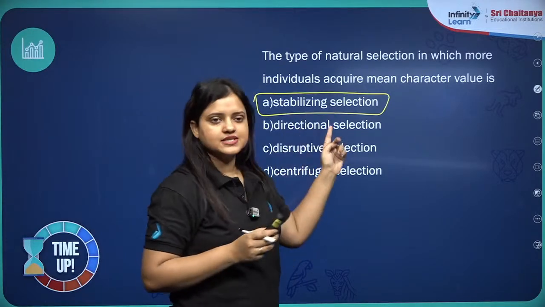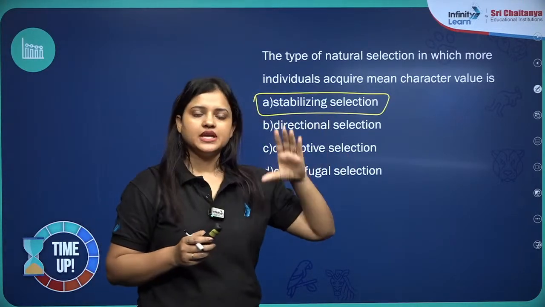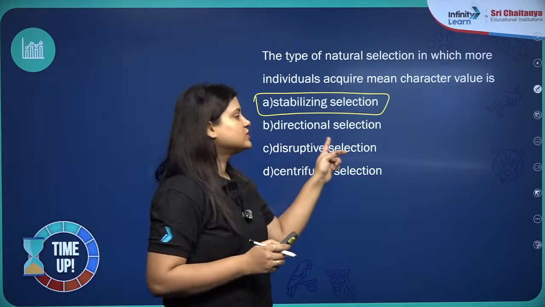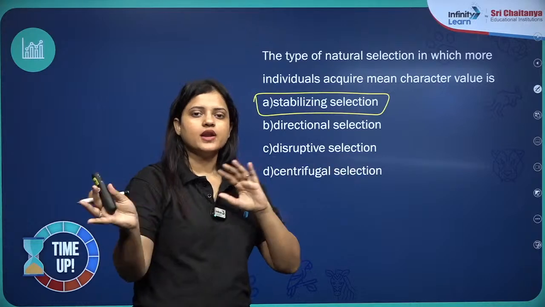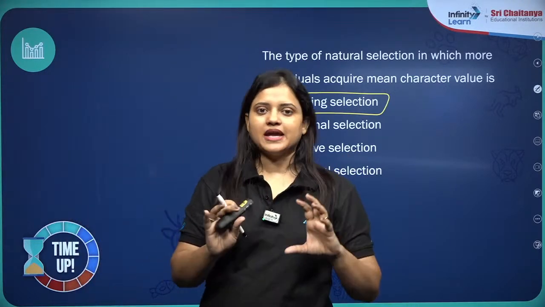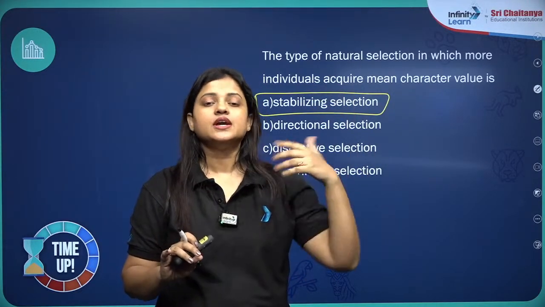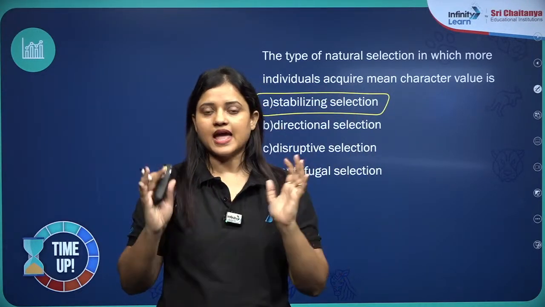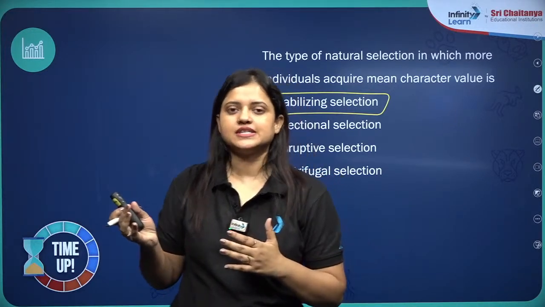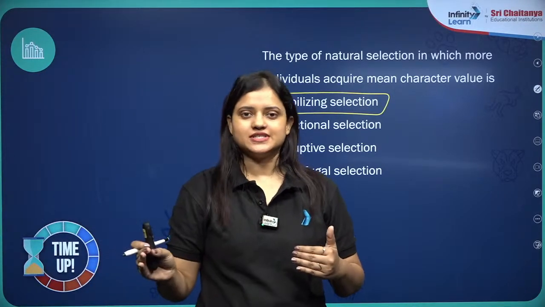One is stabilizing selection, where the mean value is selected by nature and the individuals with mean characteristic value increase. दूसरा होता है directional selection, जिसमें one of the extreme characteristic values will be selected by nature. या तो बहुत ज़्यादा height के individuals को select करेगा nature, या ऐसे cow को जो बहुत ज़्यादा milk production कर रही है, definitely we are artificially selecting them only. So this type of selection will be directional selection.